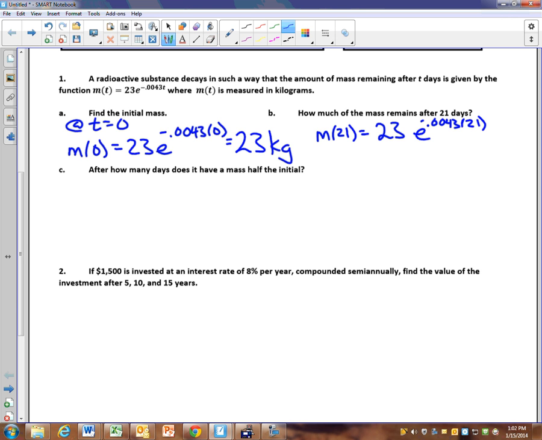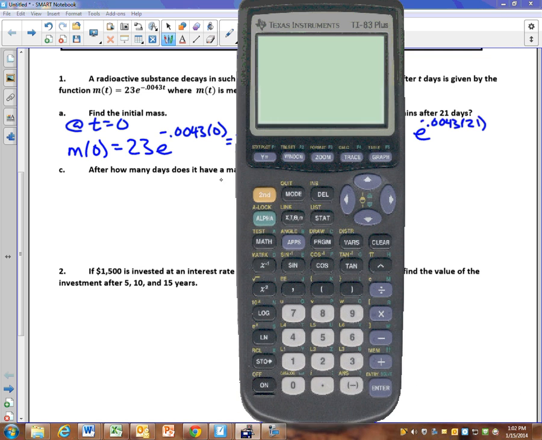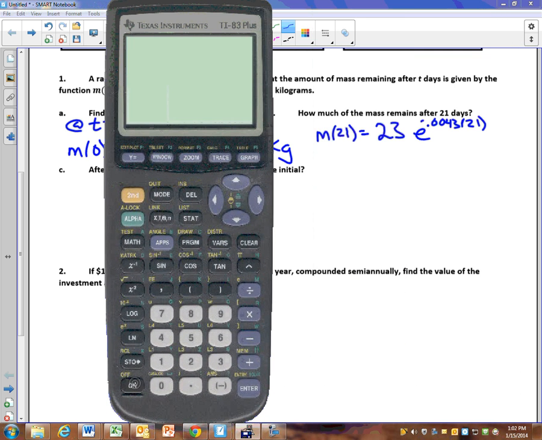Now the reason why I'm writing this out is I want you to understand how we plug it into our calculators as well. So as I turn my calculator on, 23, and then your e to the power is your second natural logarithm button. So second natural log. So I got e to the, and then you got to make sure you put everything up there in parentheses.